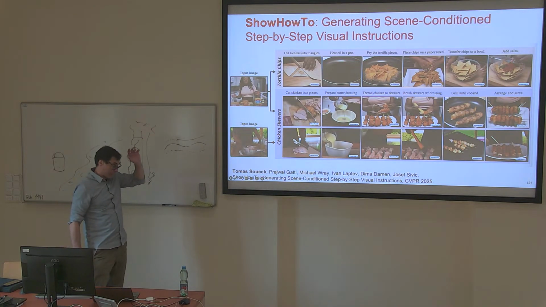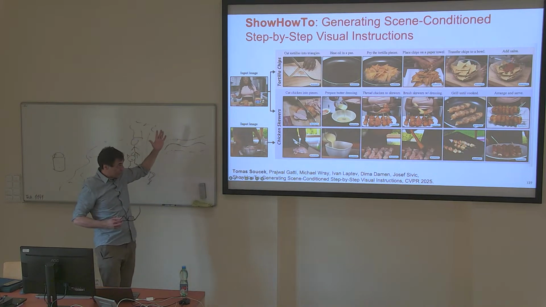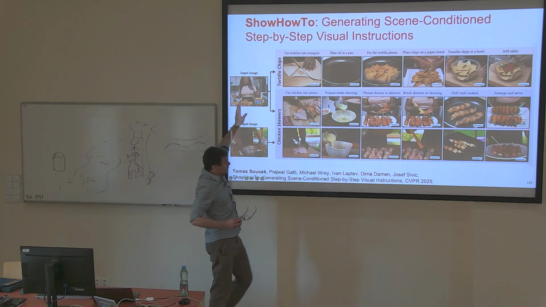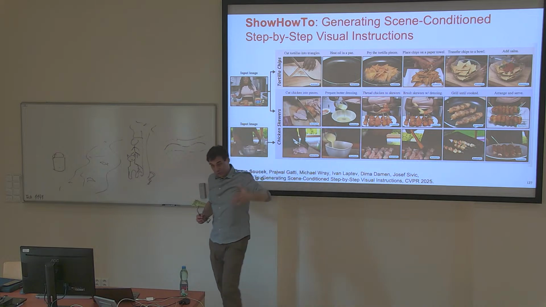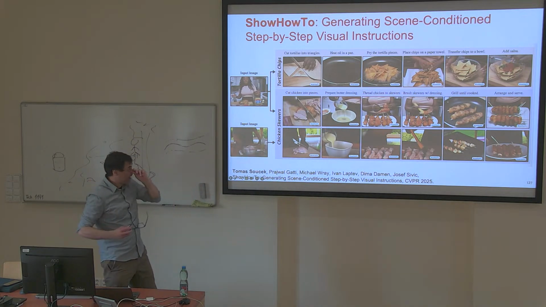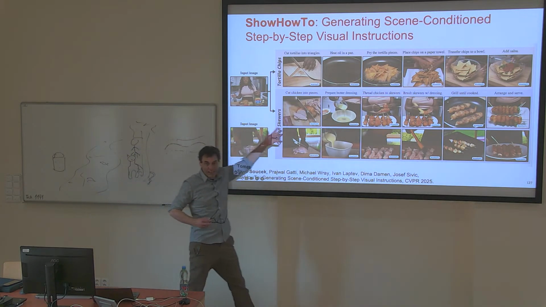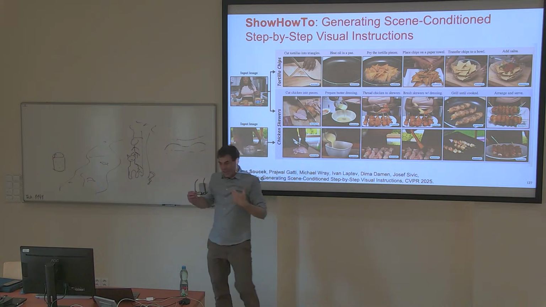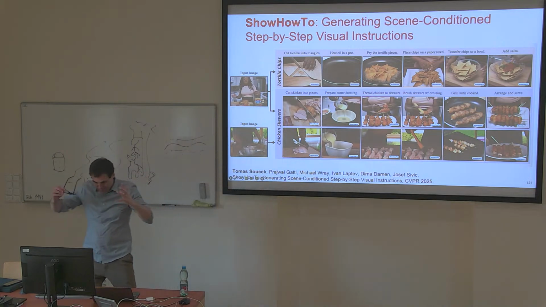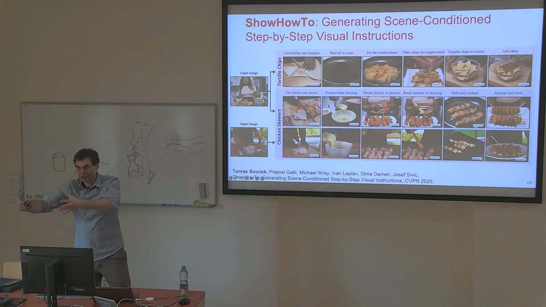The single image transformation was last year's paper. This one you can generate a whole sequence. So given an input image and instructions of what you want to do, the robot can imagine what the scene should look like if you do these changes. You can think of it almost like a planner, but a planner which generates images. It doesn't generate actions, it just generates what it should look like.